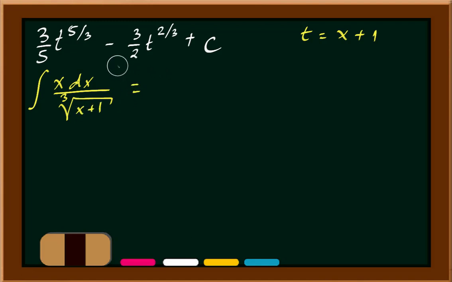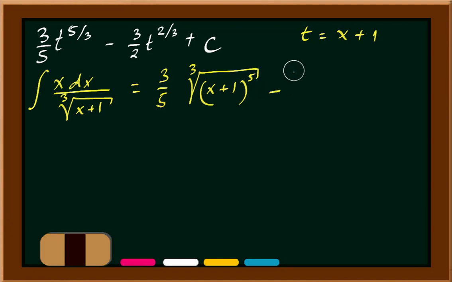Now it's becoming 3/5 of the cubic root of x plus 1 to the 5th power, minus 3 halves of the cubic root of x plus 1 squared, plus a constant.